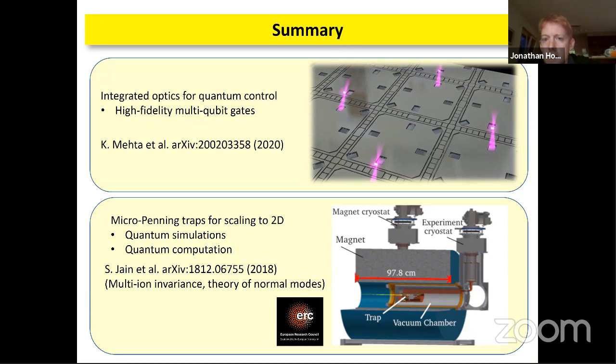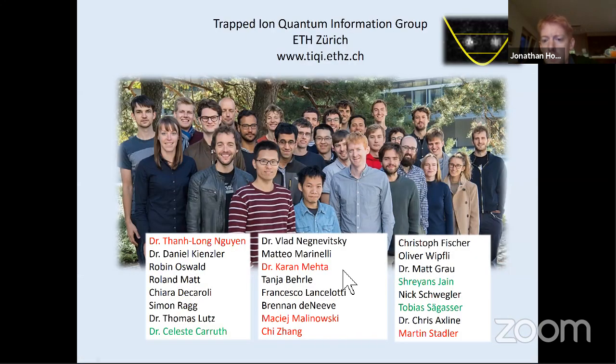So with that also, I'd like to thank the people who did much of the work. So the people in red, Karen Mehta sort of led all the work on integrated photonics and did a wonderful, pretty independent job there, I have to say. He then joined a setup to test that, which was mainly run by Maciej and Chi and Fan Long. Martin Stadler is sort of providing the computer control systems for that.